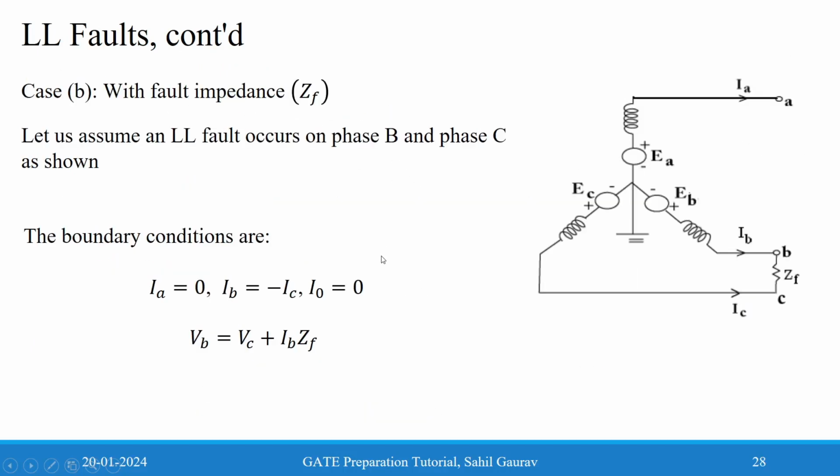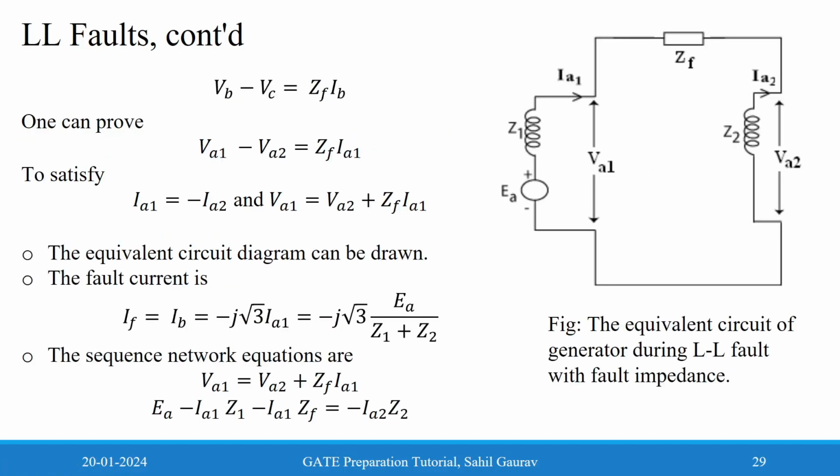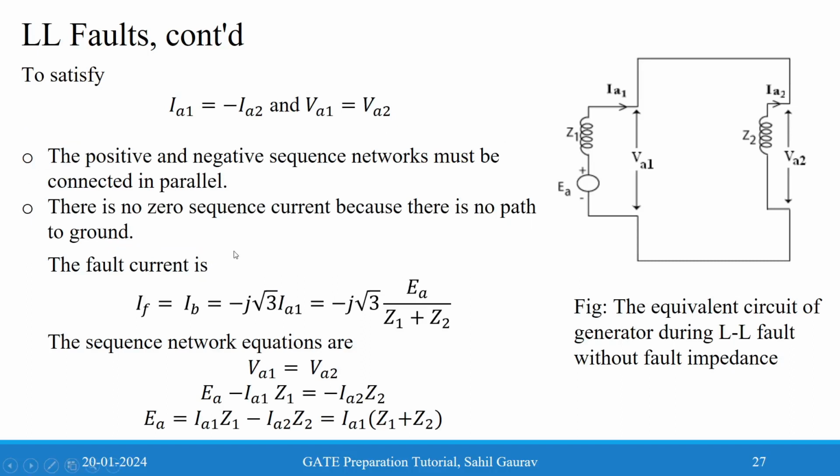So by solving VB is equal to VC, from there you will get VA1 is equal to VA2.